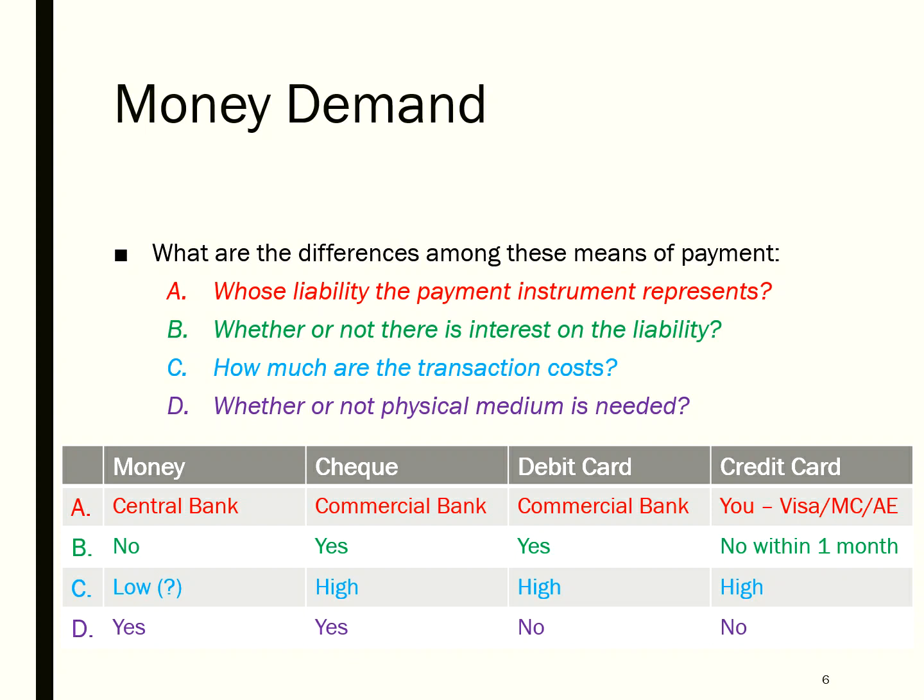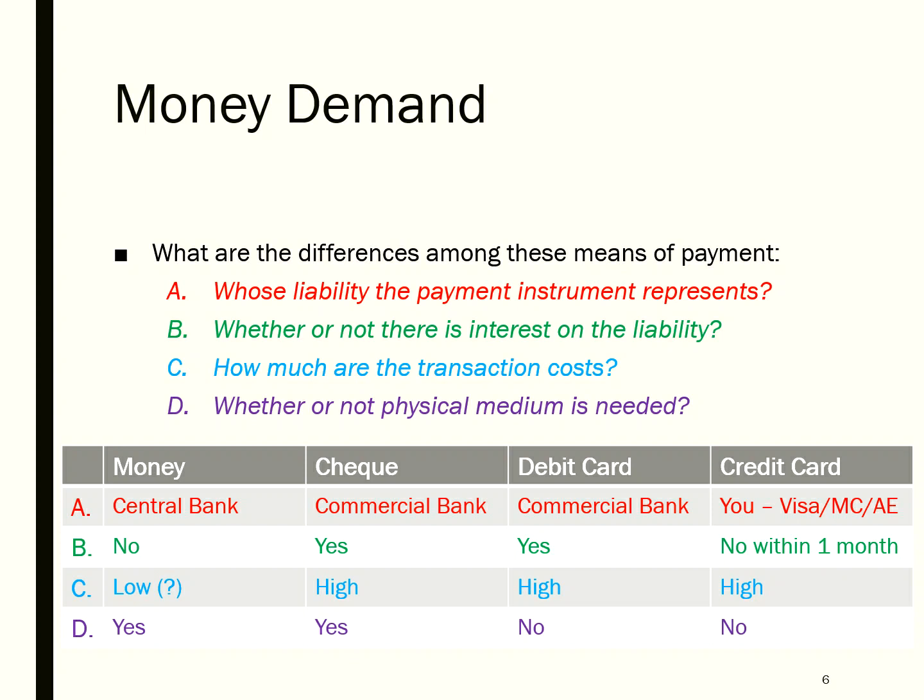So the interest will be paid by you to them if the payment is later than 1 month. But you don't have to pay any interest within 1 month, as far as I know, for most credit card companies.